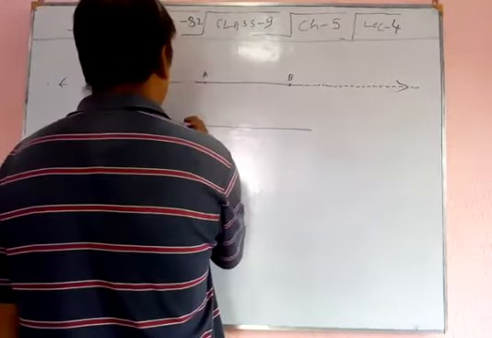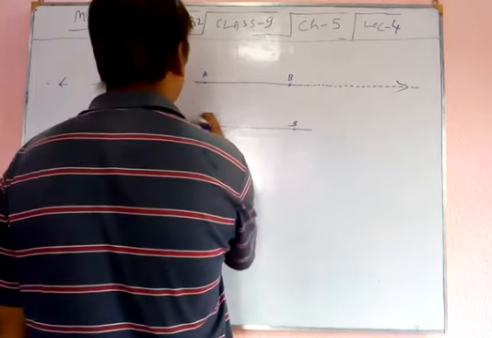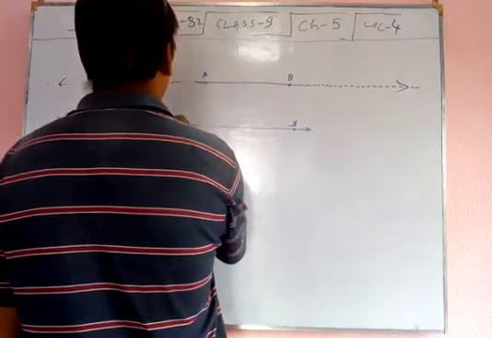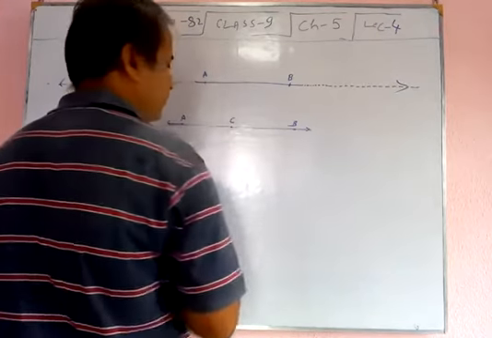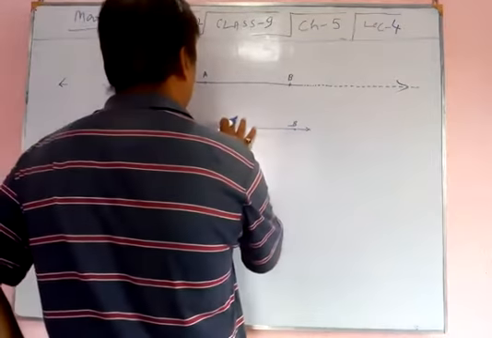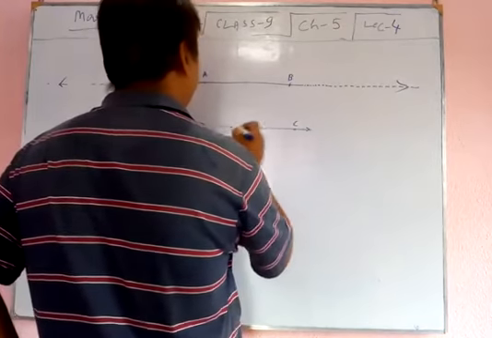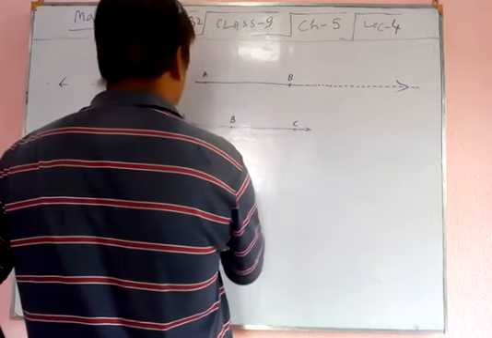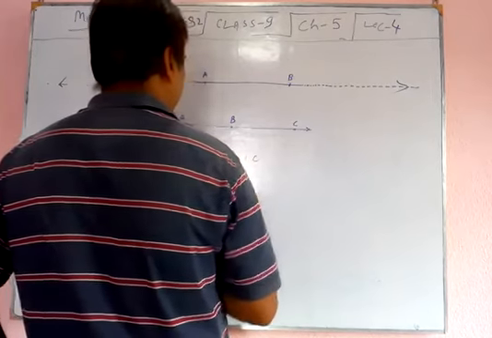Here AC is the line and in between, the point B is there. Then we have to prove AB plus BC is equal to AC.